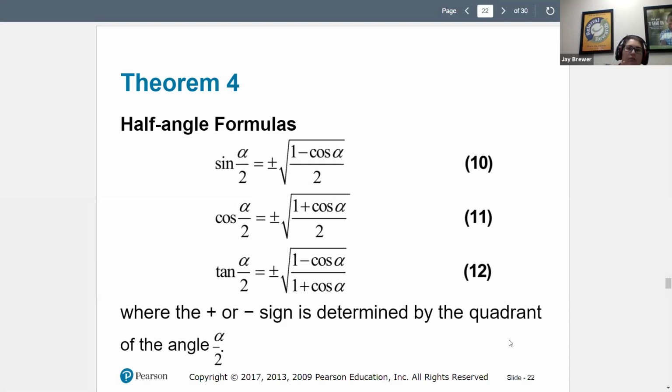So, you know, if you're looking at, I don't know, 110, 110 potentially could fall differently than 55, okay? All right.